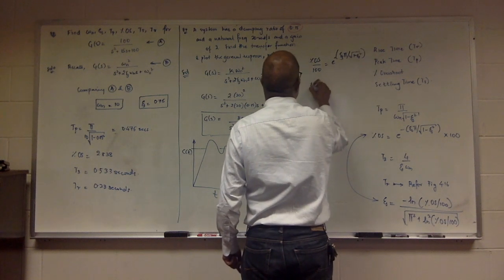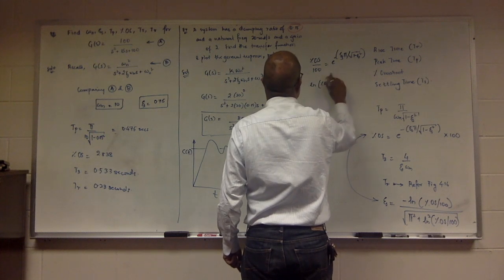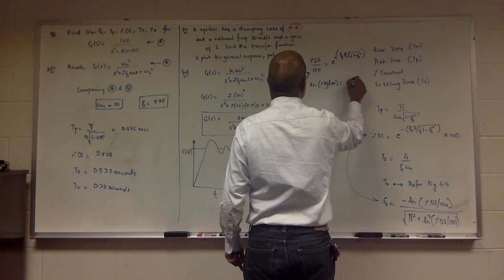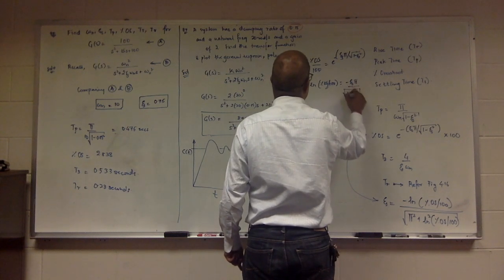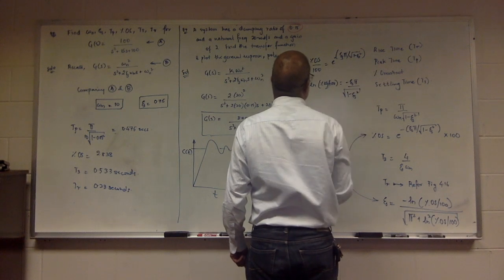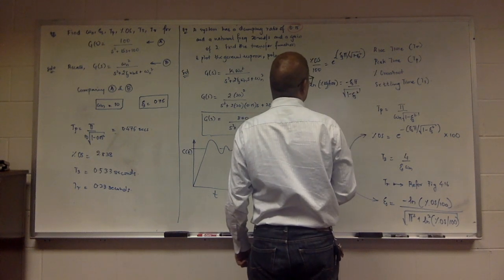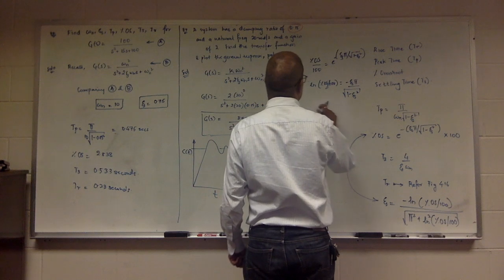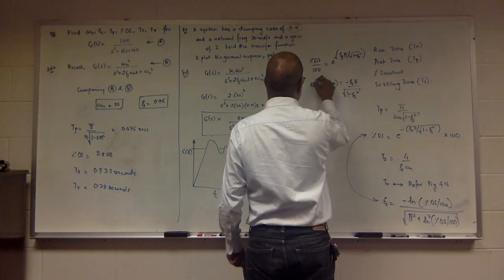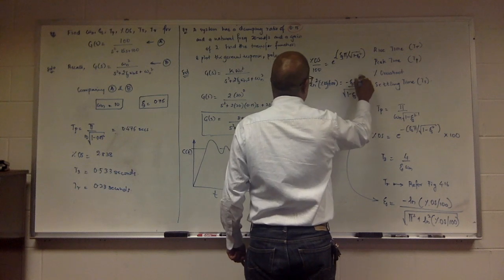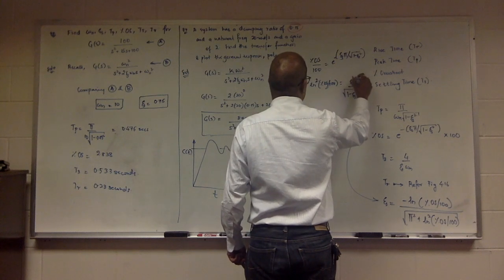So you have ln of percentage overshoot divided by 100 is equal to minus zeta pi divided by root of 1 minus zeta squared. And if you square, you're going to get this whole thing squared, right? Ln squared equals zeta squared pi squared.